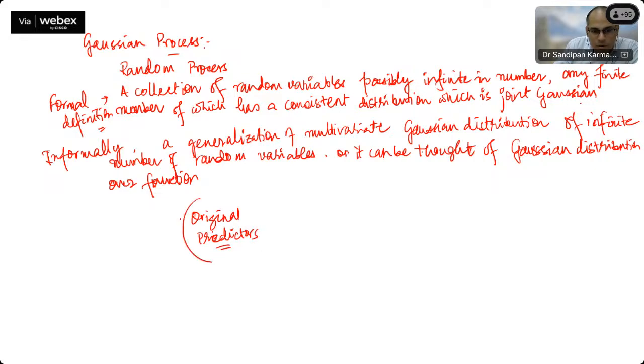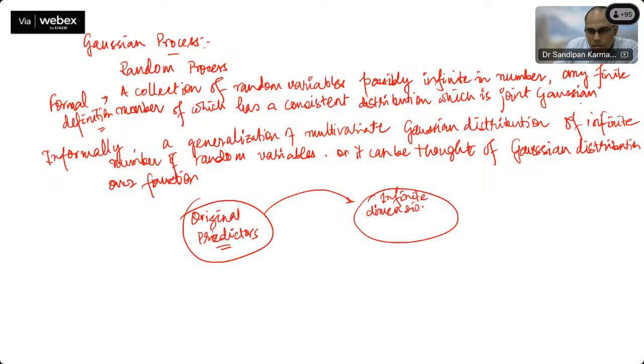So I take a mapping, taking the original predictors and passing them through a particular function, and then I can create an infinite dimensional function space.